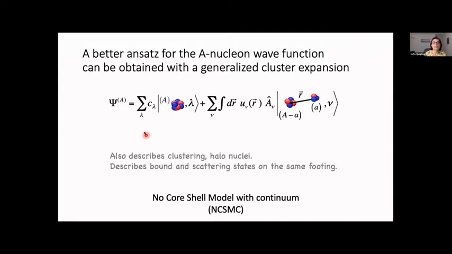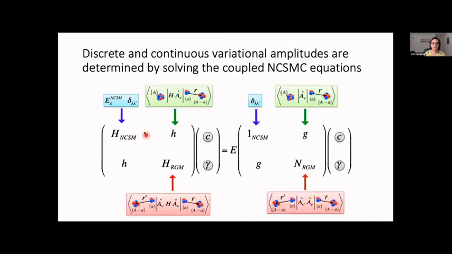And besides being useful for describing reactions, this approach is also very useful to describe clustering in halo nuclei, and really one can describe bound states, scattering states and resonances all on the same footing. The no-core shell model with continuum has a set of equations that are an extension of the no-core shell model RGM equations. In this case we have both discrete and continuous amplitudes to solve for, but basically these are the kernels that I showed earlier.